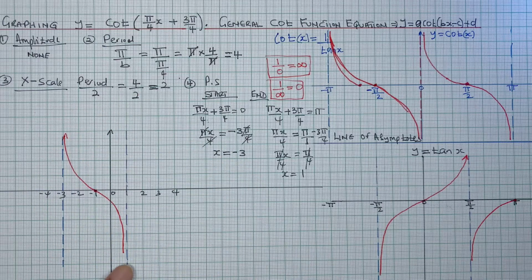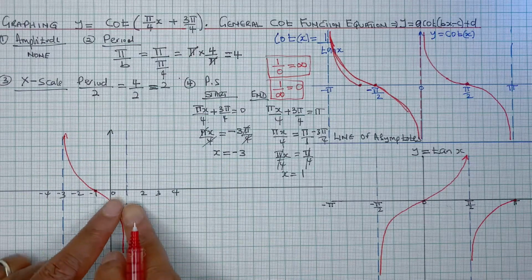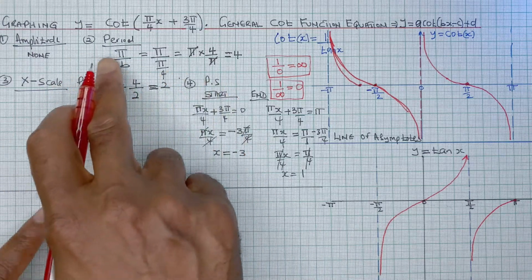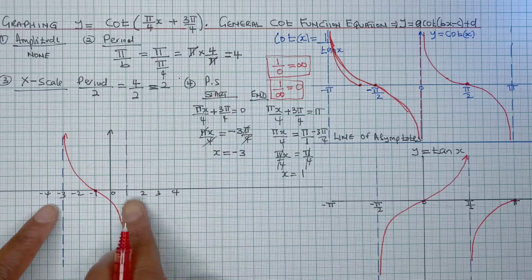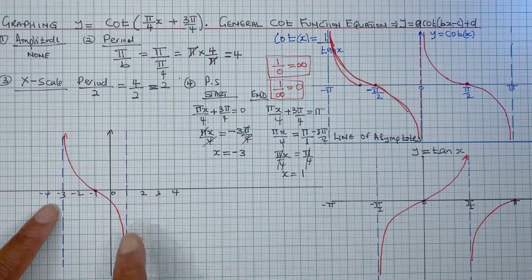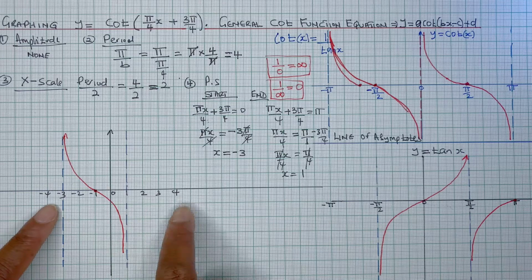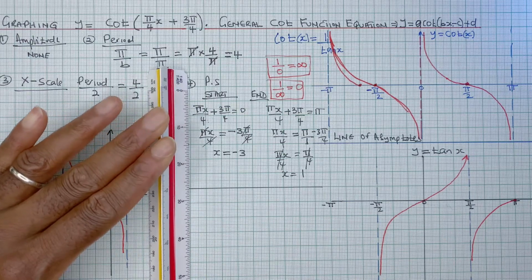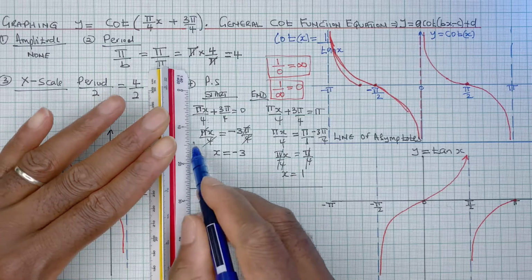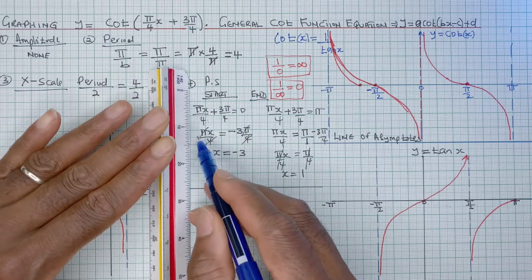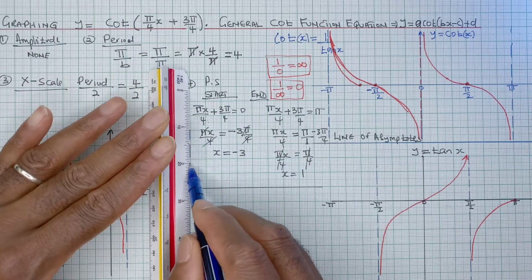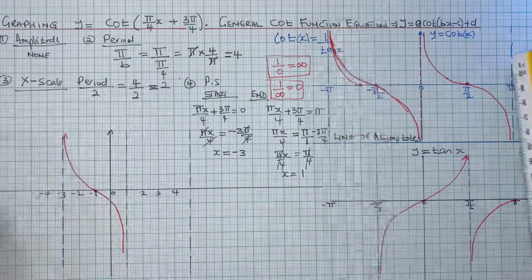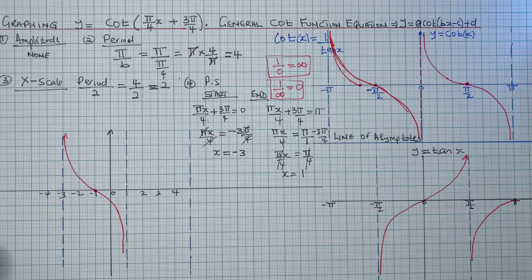So that's the function there. But that means the next one will be from 1, because if you look, the period is 4. So the next one will be 5, because you need 1, 2, 3, 4. So the next period will be here, 5. It truly tells you what to do, to be honest.